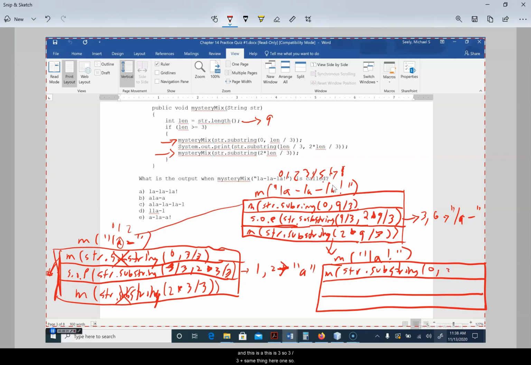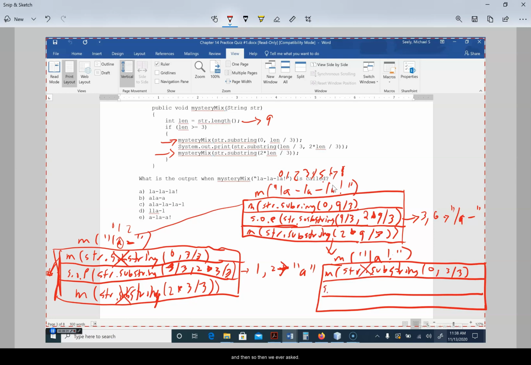So 3 divided by 3, and same thing here, 1. So this is 1, 2, 3, so it does get in here. But then if we were to pass this 0, comma 1, that would be L. Is the length of L greater than 3? No, so that doesn't work.